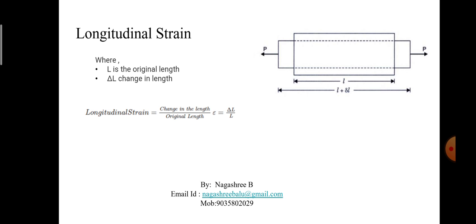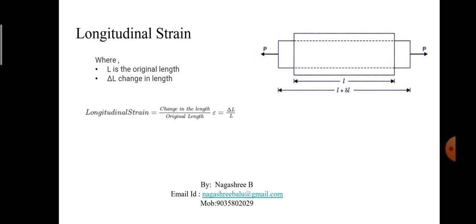Therefore delta L is nothing but the change in length. So longitudinal strain here is change in length to original length, wherein change in length is delta L and original length is L. So delta L by L is nothing but the longitudinal strain.